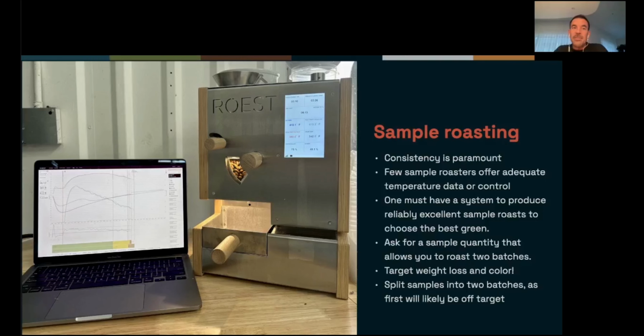Please note that so many times people come to me and they say, the importer said the coffee is going to taste like this, but it doesn't. Now, it may very well be that no matter how you roast it, you can't make it taste like that. It's very common that importers will taste coffee when it's fresh and come up with very nice sounding tasting notes, and either the coffee isn't as fresh or it got damaged in shipping, etc. And you'll never be able to squeeze those flavors out of the coffee.